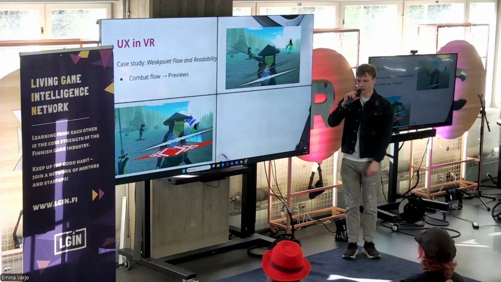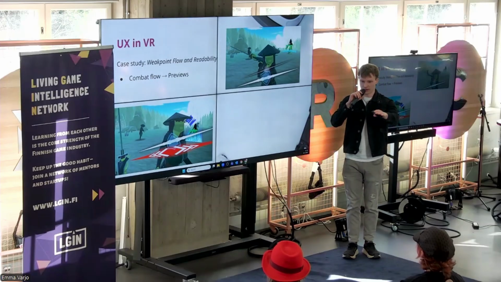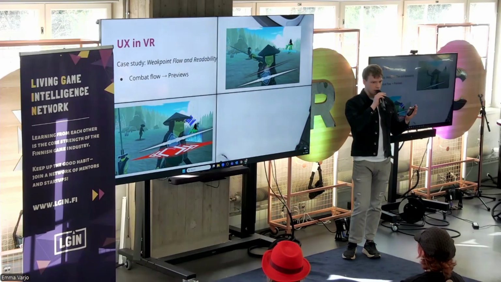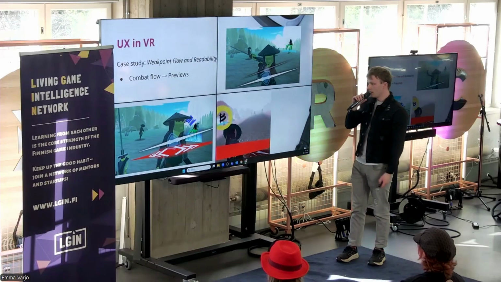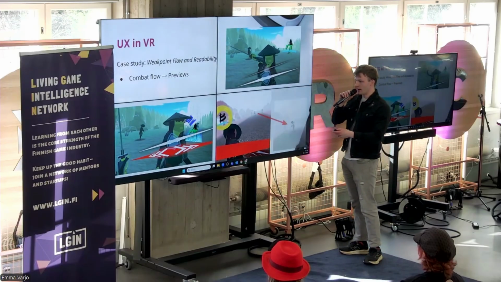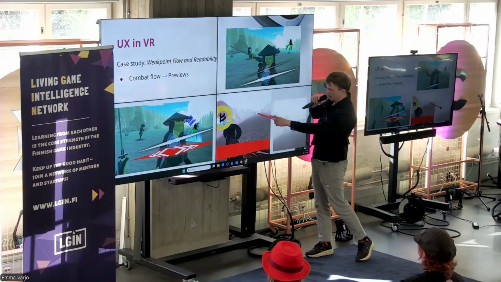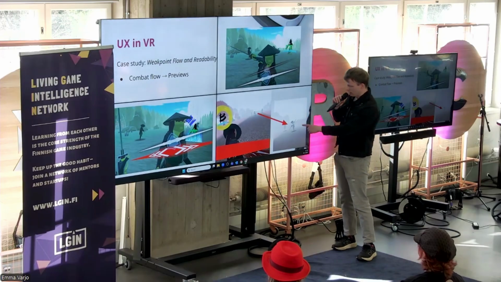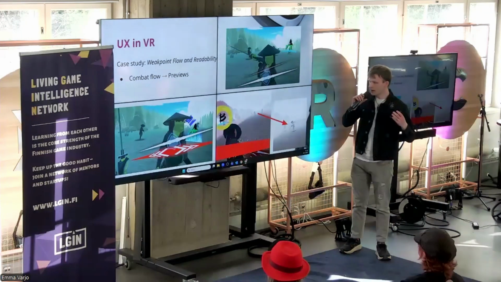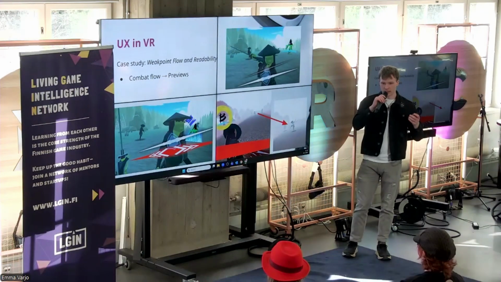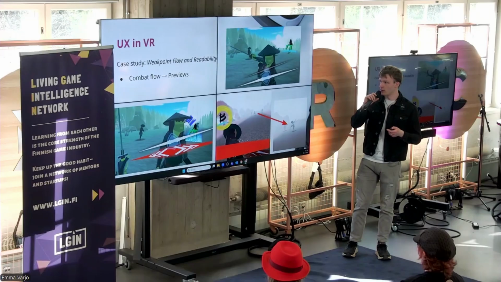You slice once, then wait for your brain to register the next slice, and then you slice again. That makes it feel really bad. So we are showing many of them, and we are showing them beforehand. There is an enemy in the distance, and it is already showing where you need to hit. That was what we did to enhance the flow.